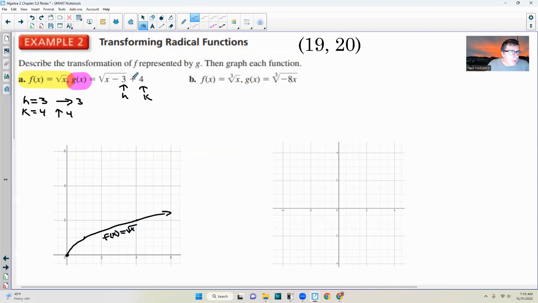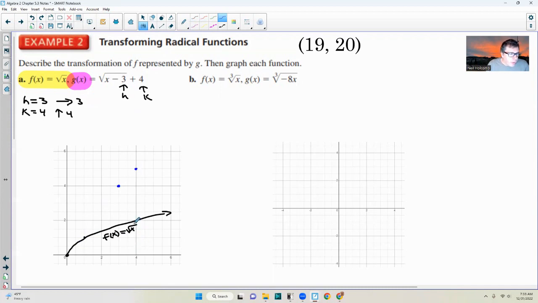Now I'm going to translate this 3 units to the right and 4 units up. So 0 is going to go over to 3 and up to 4. So it's going to start right here. This point is moved over 3 and up 4. The point at 1, 1 is going to be moved over 1, 2, 3 and up 1, 2, 3, 4, which is going to end up here.